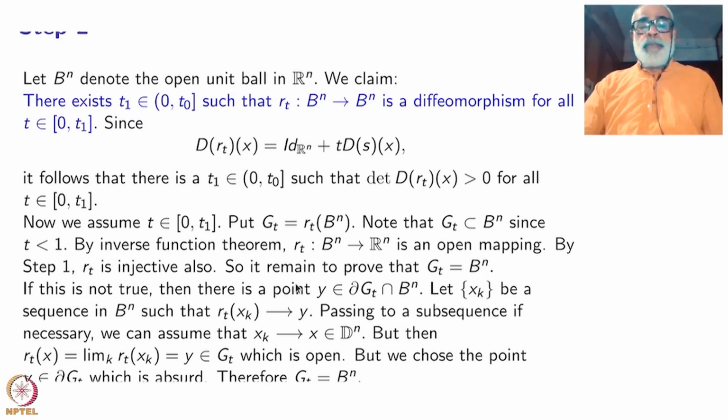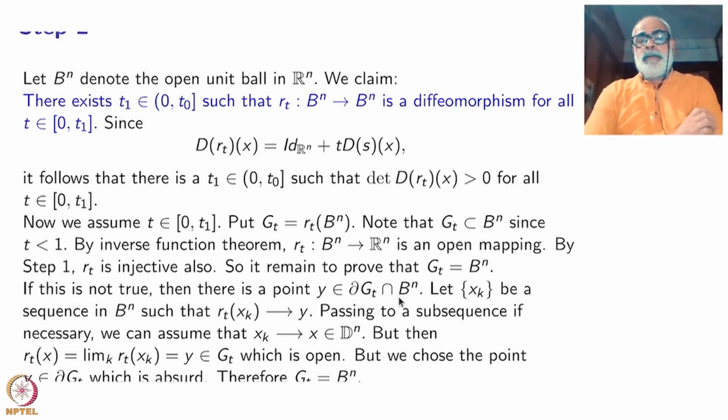Suppose Gt is not equal to the whole of Bn. We have already observed that it is inside Bn. So it is an open subset that is not the whole space Bn, another open disk. Then there is a point y which is in the boundary of Gt but is inside Bn.